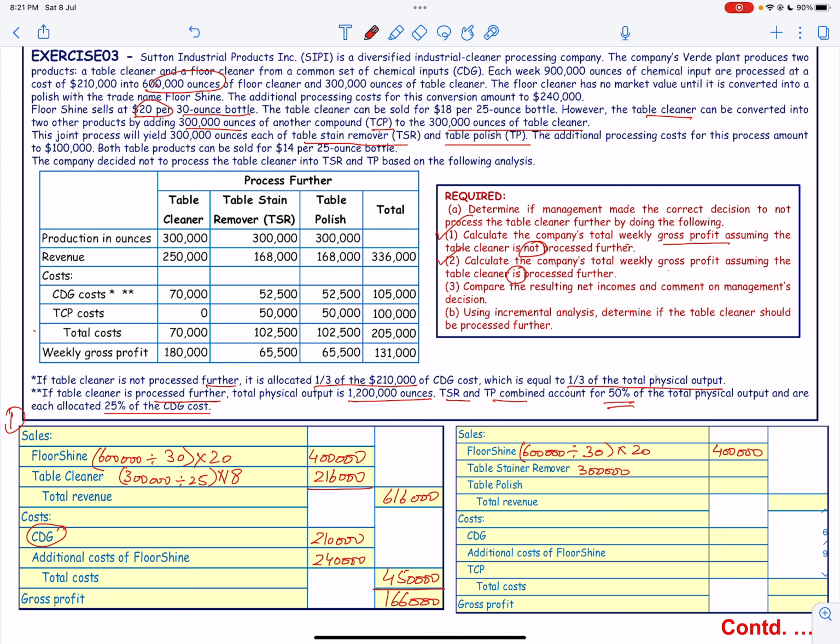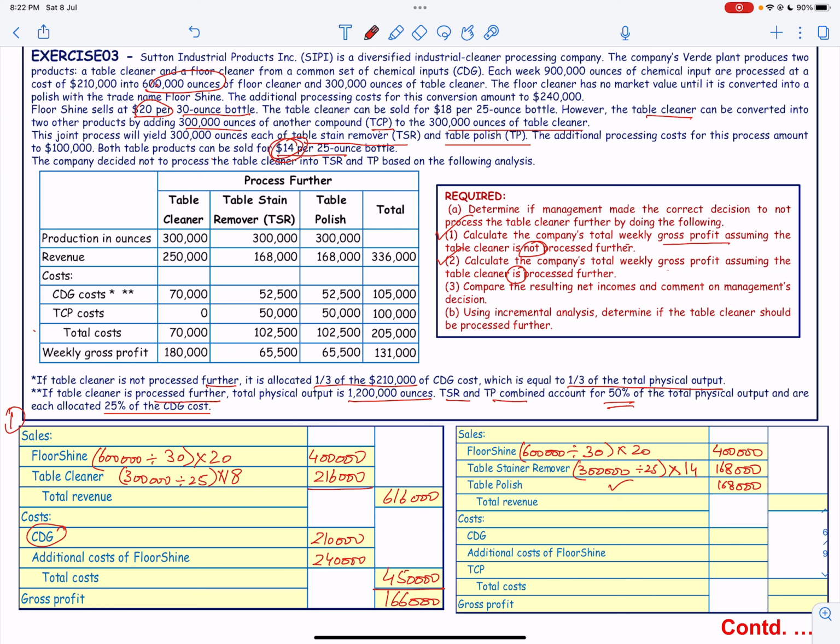The additional processing cost for this process amounts to 100,000. Both table products can be sold for 14 per 25 ounce bottle. So this will be divided by 25 ounces to get the number of bottles, multiplied by the selling price, that is 14. So this is equal to 168,000, and for table polish also we have the same value as it is the same numbers.